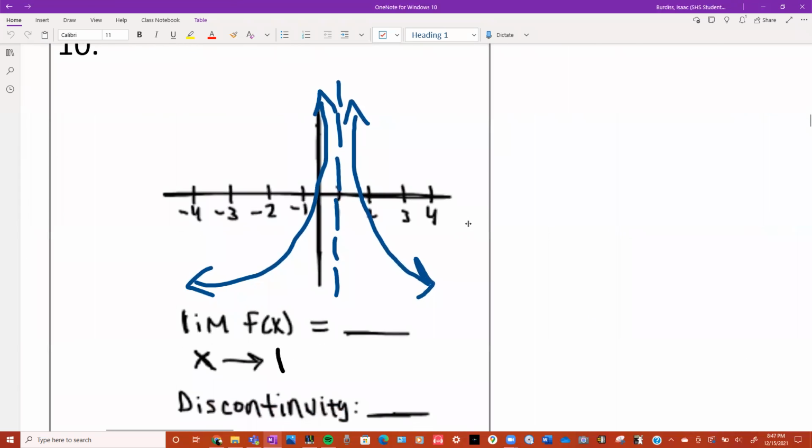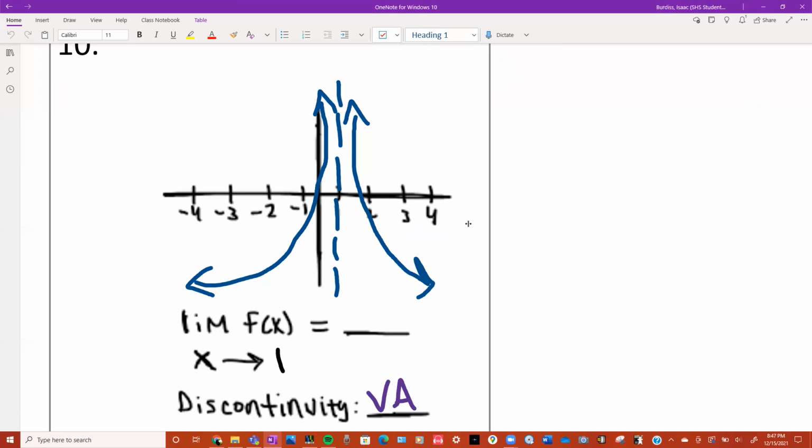Here, this is a vertical asymptote. And as x goes to 1, well, since there's no plus or minus, that means from both directions. So if both directions don't go to the same thing, it does not exist, remember? But if both sides go to the same thing, then it does exist.